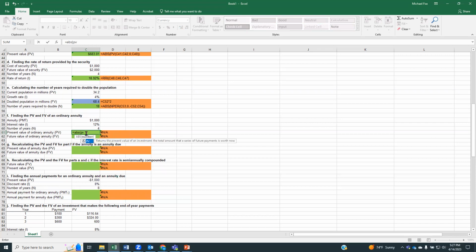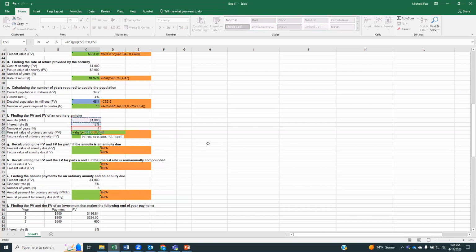So PV is present value. And then the rate, comma, the number of periods. And now we're going to use this payment. So for where it says PMT, we're going to do $1,000.